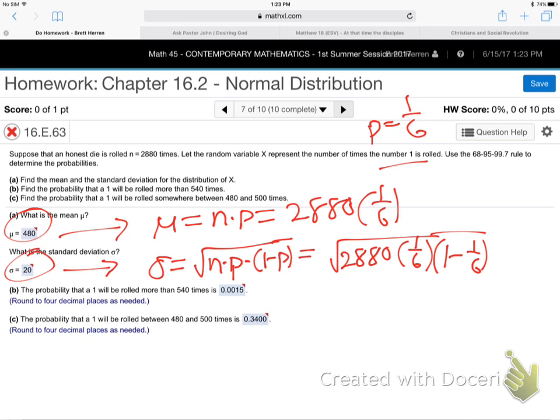Any ideas? I'm going to need to draw the bell curve. Do the whole bell curve thing. How do I know? Well, because they're talking about probabilities and numbers, and whenever they do that, you got to draw the bell curve.